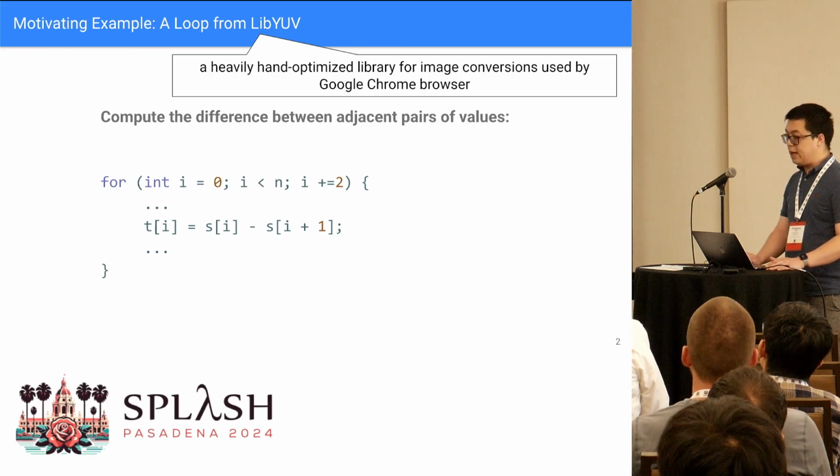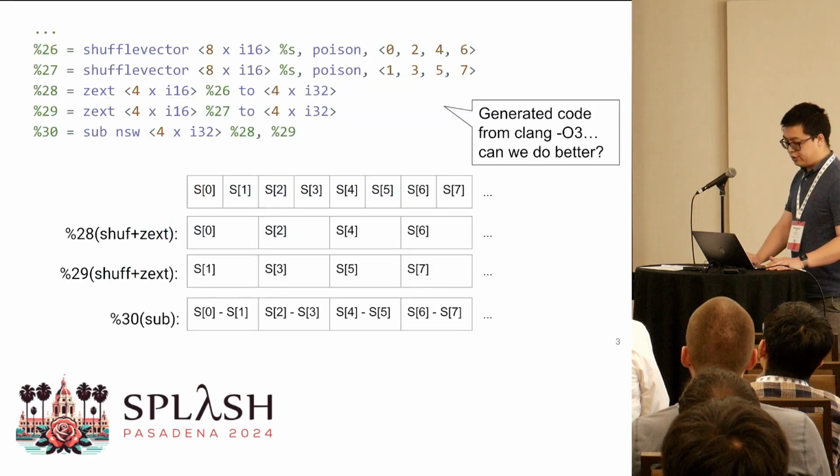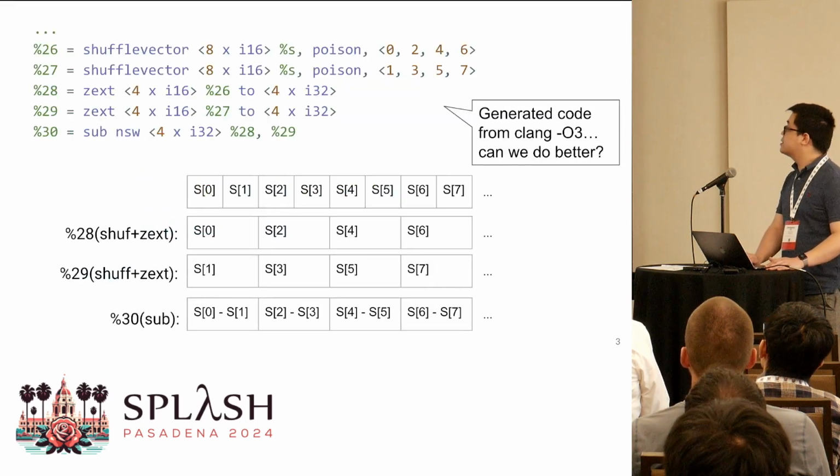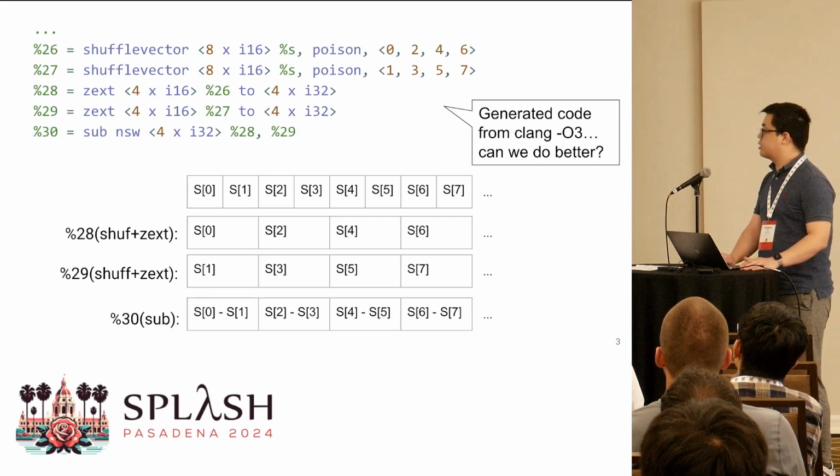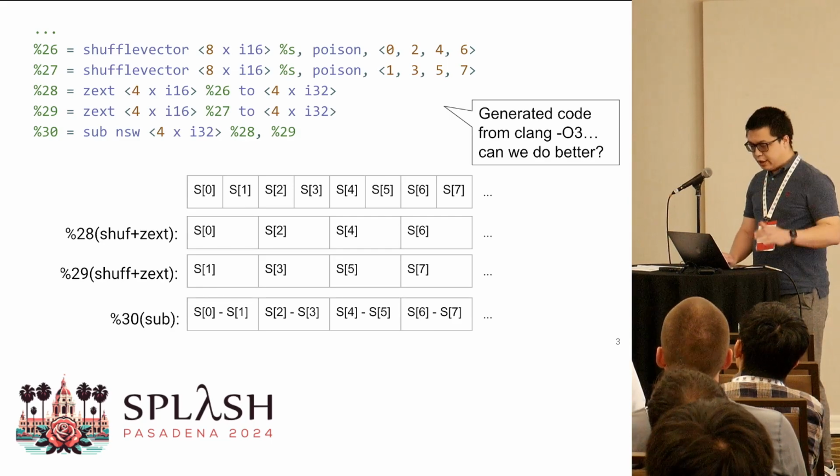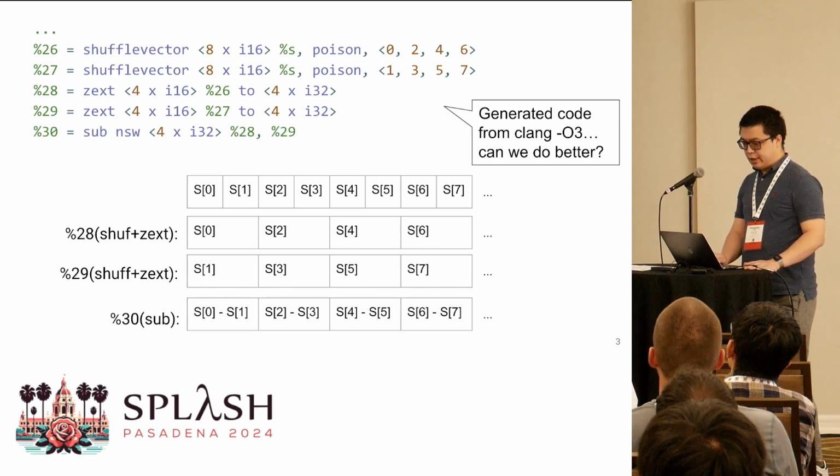And let's start by looking at how LLVM compiles this code. LLVM generates this code when compiled with -O3 with the auto vectorizer turned on. Here, we assume 8 integers are already loaded into a 128-bit vector.